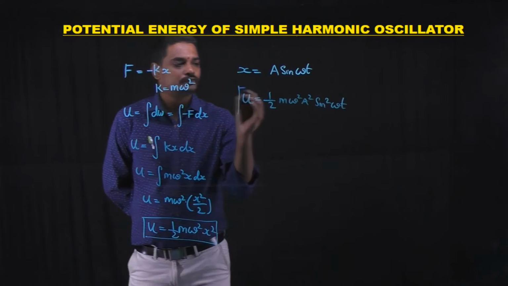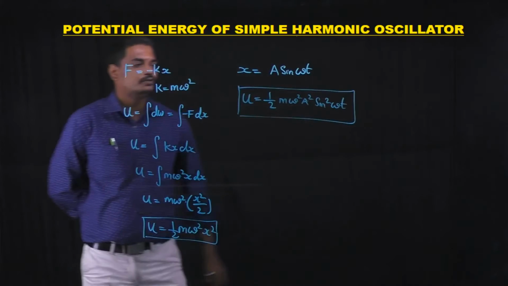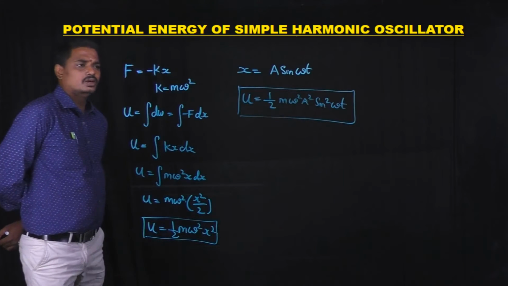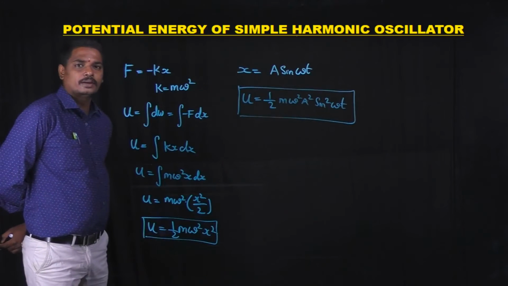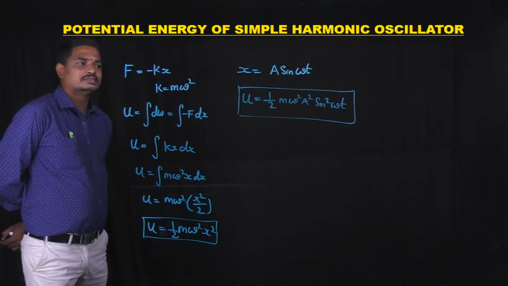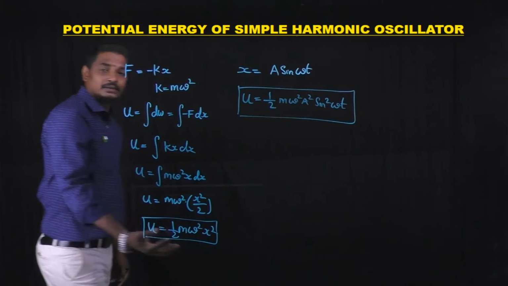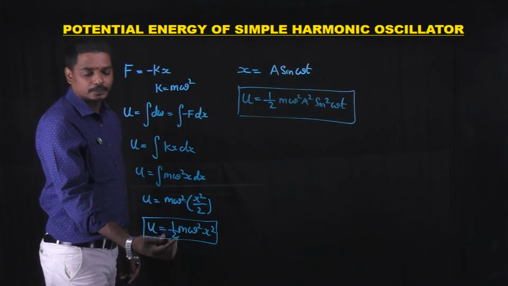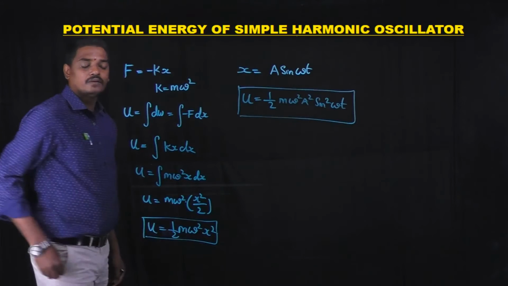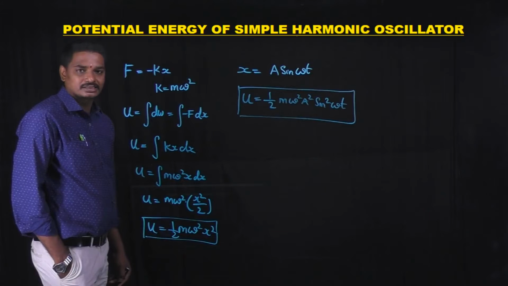This is in terms of phase, and in terms of displacement we can write half m omega square x square.